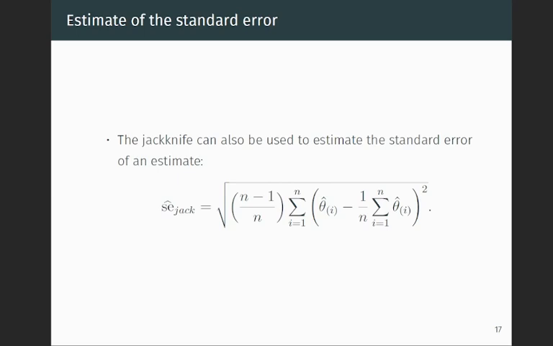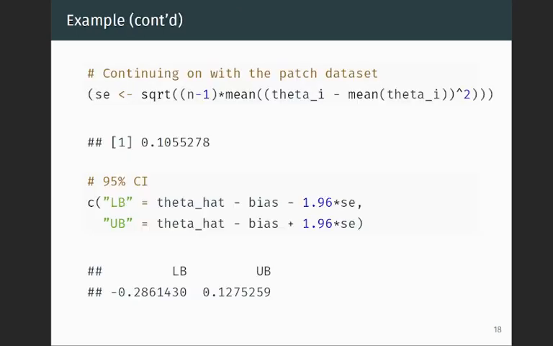So let's look at an example of how to apply it. We're going to start by applying it to the example from the patch data set. As I mentioned, we're still using all the same quantities we previously computed, right? So we don't need to go through the Jackknife again. We just need to go through the formula.